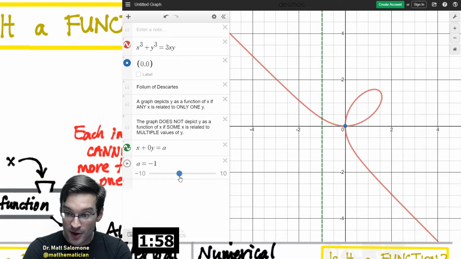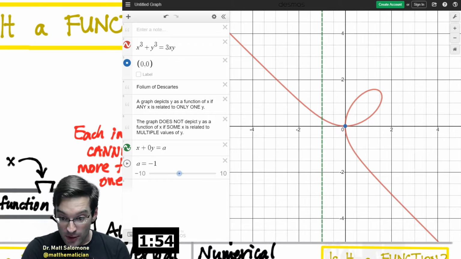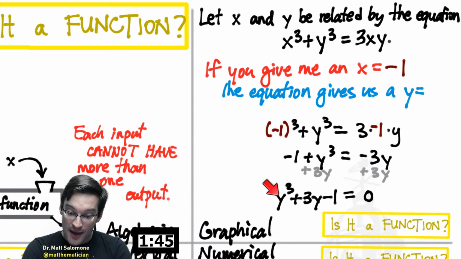So for example, here's x equals -1. X equals -1, by the way, happens to be the value of x that we were trying to study right here. If you give me x equals -1, then if I can somehow miraculously solve this equation, that equation will provide for me one or more values, or maybe none, for y.